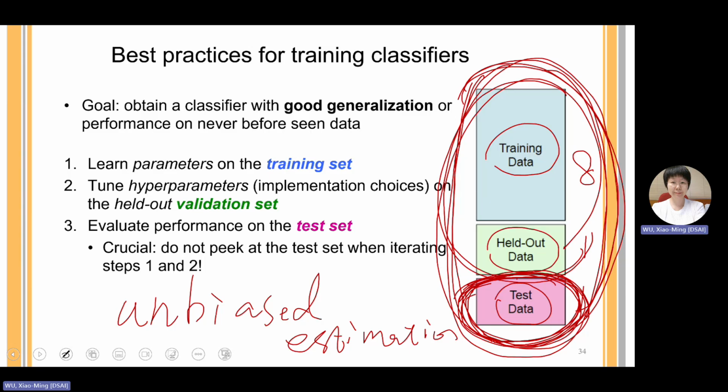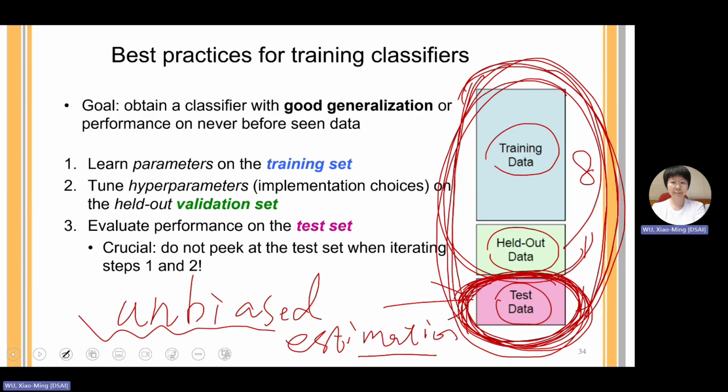The test set comes with ground truth labels. We want to reserve a small set of data to make an unbiased estimation of the performance of our model.